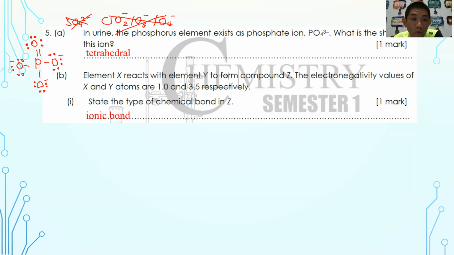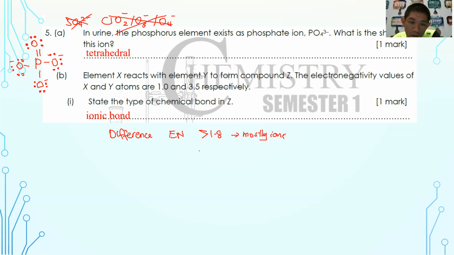So how do we know when you form an ionic bond and when you form a covalent bond? There are guidelines you can find inside the module, based on the difference of electronegativity. If the difference of electronegativity is greater than 1.8, it is mostly ionic.